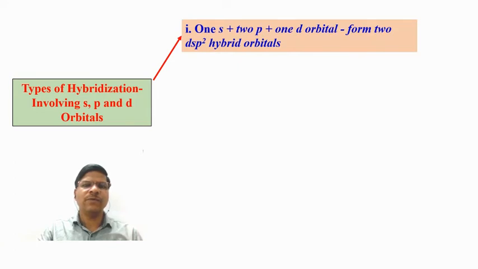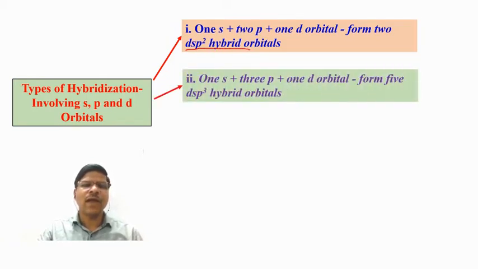First type: 1s, 2p and 1d orbital are involved, and we get dsp2 hybridization. The second one: 1s, 3p and 1d orbital, and we get the formation of 5 dsp3 hybrid orbitals, so the hybridization is dsp3.